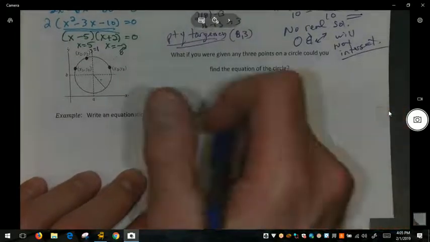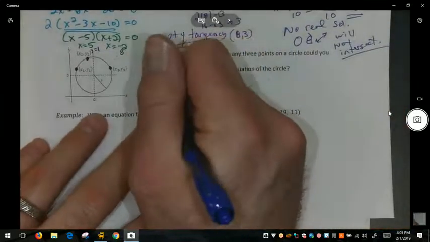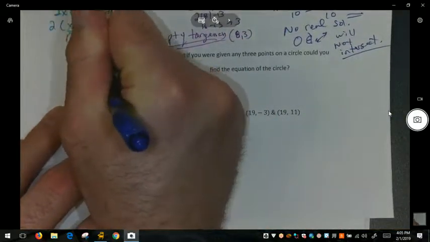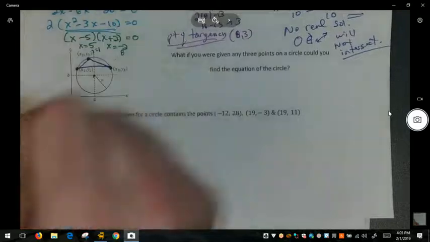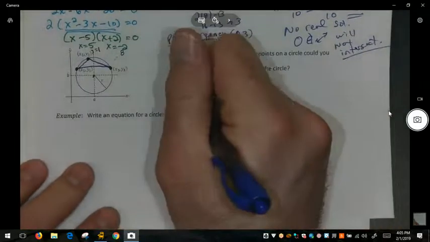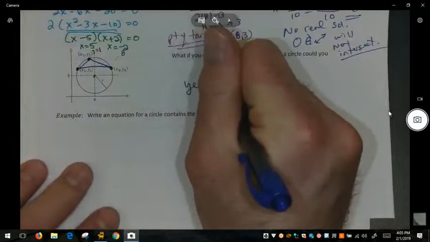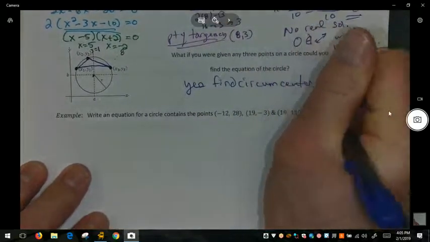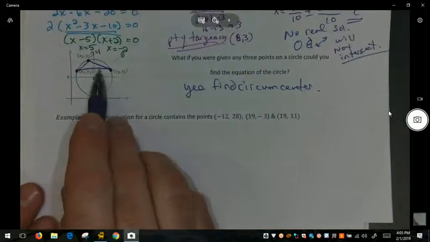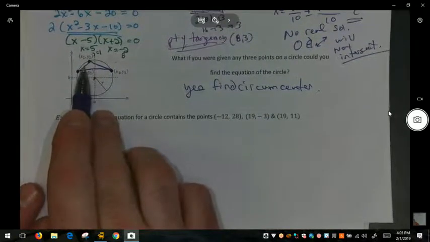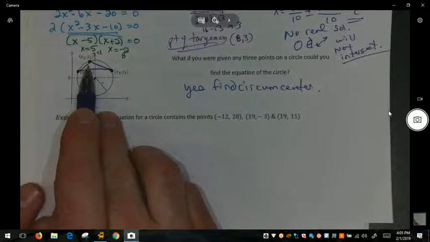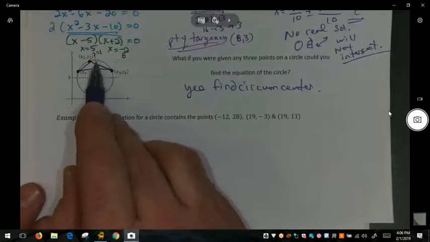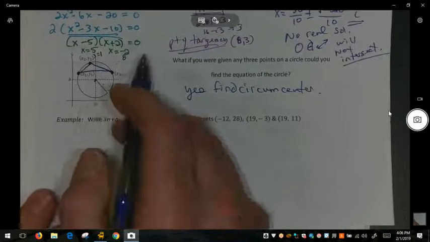But there is a theorem that says that the center of a circle, right now we've got these 3 points, they form a triangle. The definition of what's called the circumcenter is that if you take the points of a triangle and find the midpoint and the perpendicular line, a perpendicular bisector to each one of those, you would get the center of the circle.